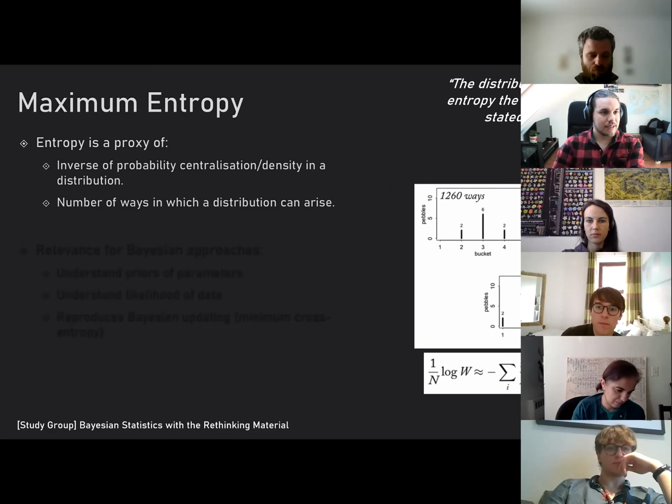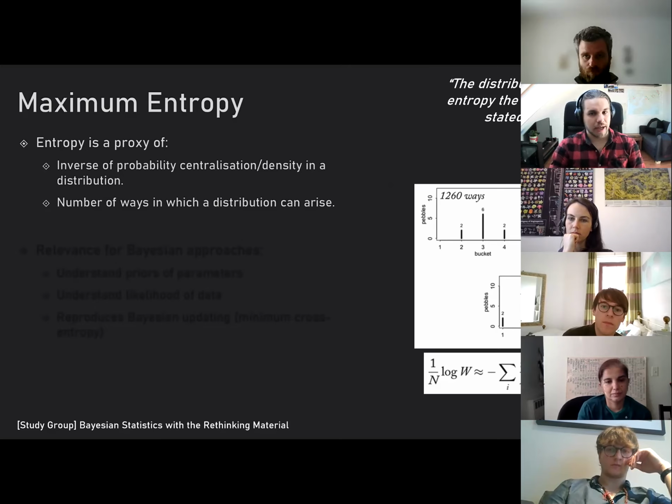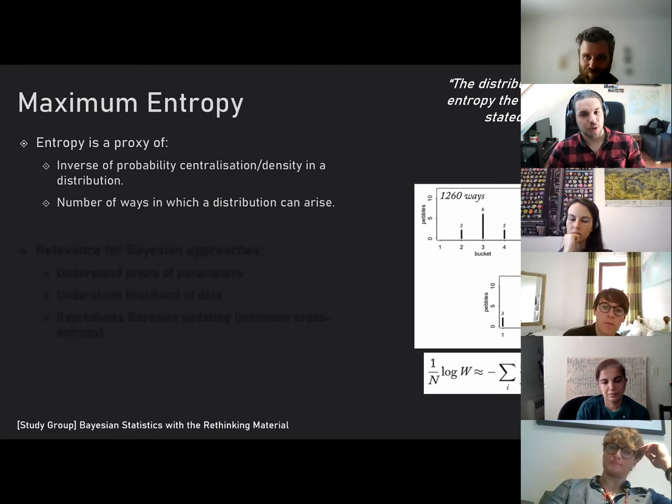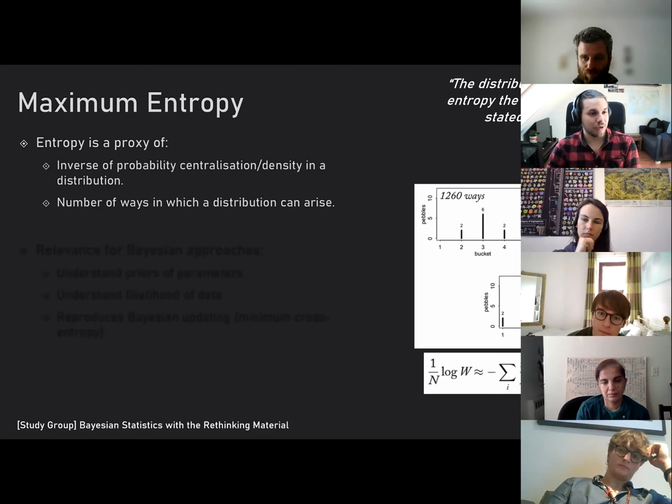Same thing you can see on the right-hand side, where thought experiment-wise, you would toss 100 pebbles. No, in this example on the right-hand side, it's just 10, where you would randomly toss 10 pebbles into 5 buckets completely at random, and then see how many ways you could have tossed each individual pebble to come to a distribution of, in the first example, 2 pebbles in bucket 2, 6 pebbles in bucket 3, and 2 pebbles in bucket 4.